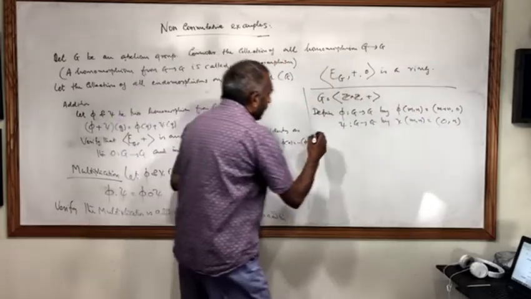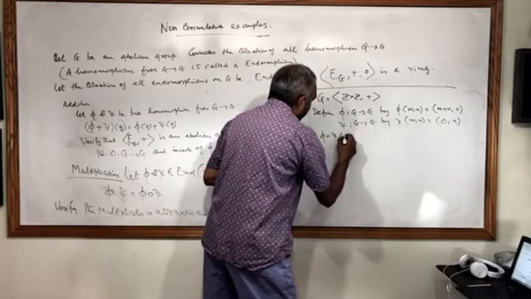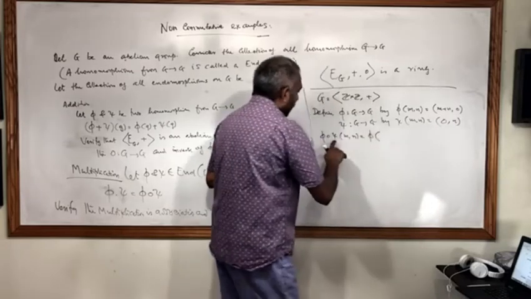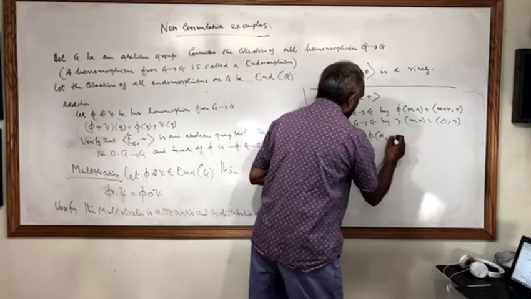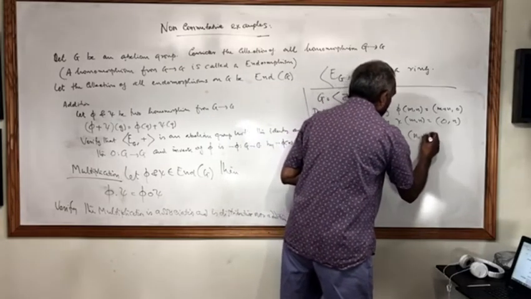Now we'll see phi after psi of (m, n). That is equal to phi of (0, n), and that is going to be (n, 0).